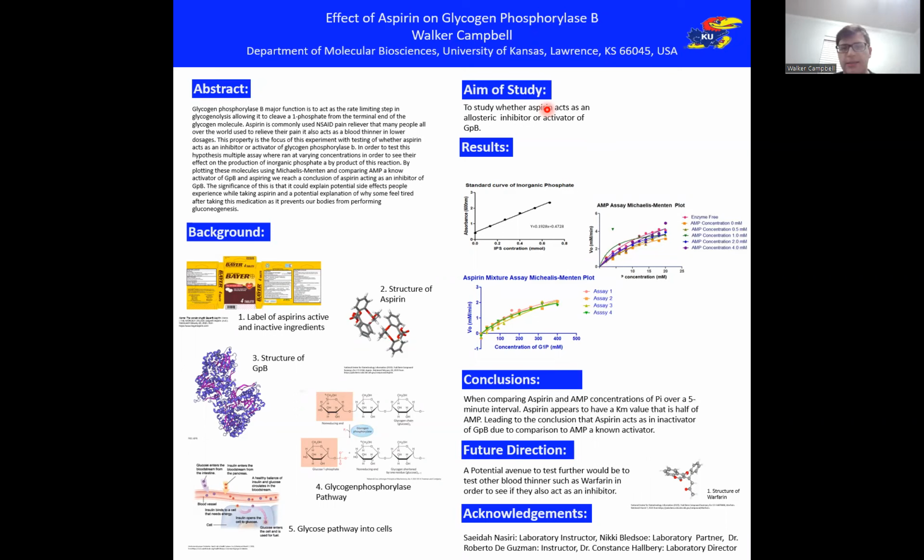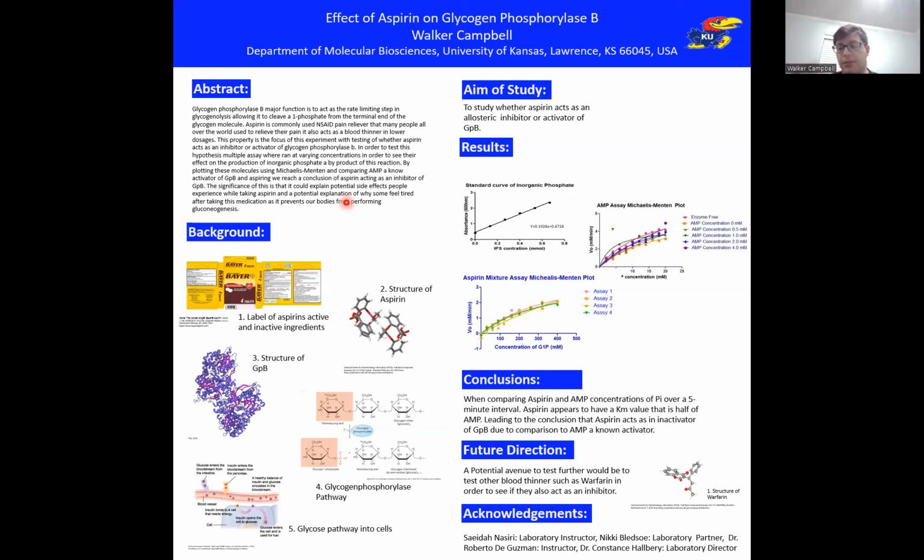But first, I wanted to highlight the reason why I chose aspirin for this experiment: its impact on whether or not it affects glycogen phosphorylase. In research, I found that a potential side effect of aspirin is that it can lead to tiredness as well as fatigue. In addition, I wanted to see whether a blood thinner would affect this process by interfering with the structures of these enzymes, since blood is the normal way in which glucose travels through the bloodstream, and that's how our cells get it.